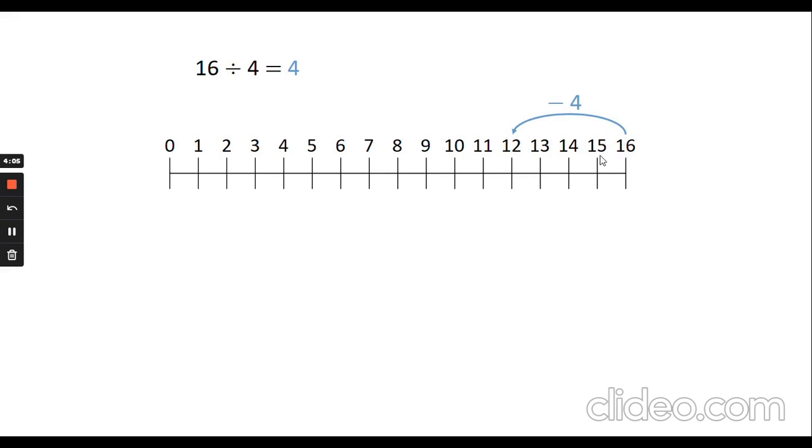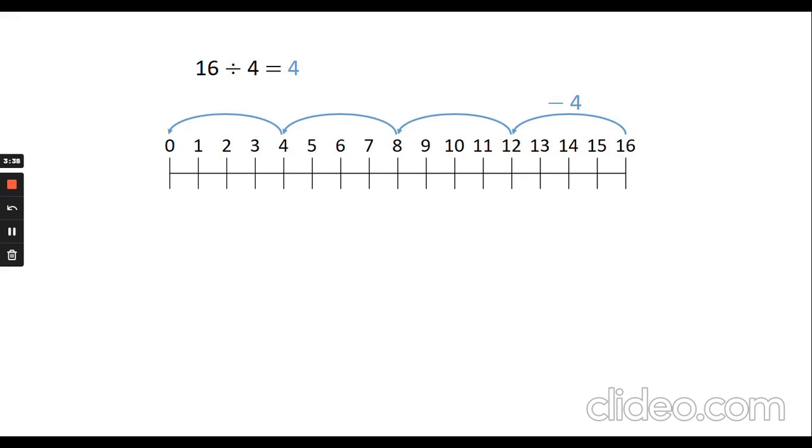So I've done 1, 2, 3, 4, and I've landed on 12. 16 take away 4 equals 12. I'm going to continue to jump and take away 4 each time until I reach 0. So we jump, and then we jump, and then we jump, and we've perfectly landed on 0.